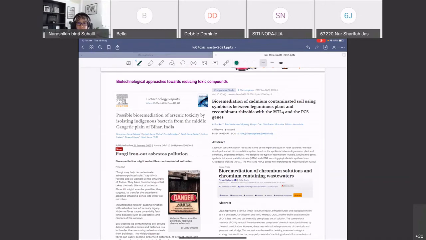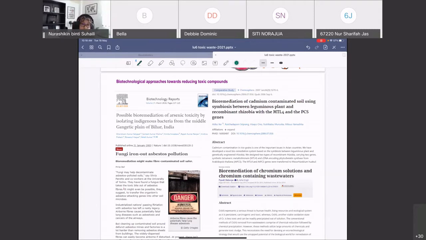This one is symbiosis, an interaction between the plant and the bacteria, in order to reduce the cadmium. So the objective of bioremediation is to reduce these toxic compounds into byproducts that are not harmful, so that these toxic compounds, the arsenic and the cadmium, are no longer in the environment. And that is the objective of bioremediation.